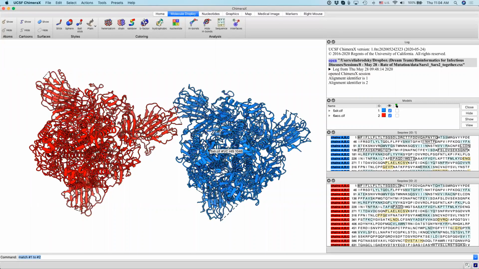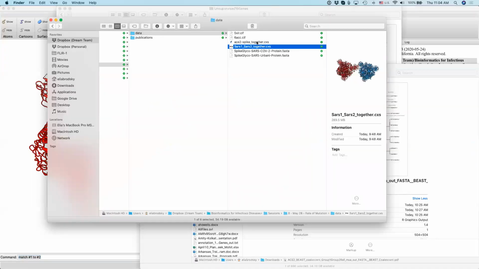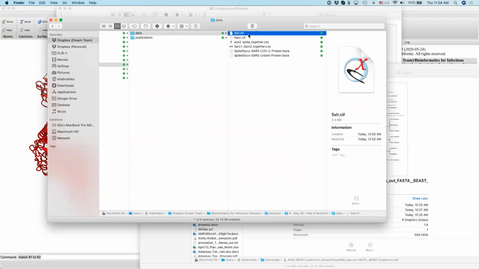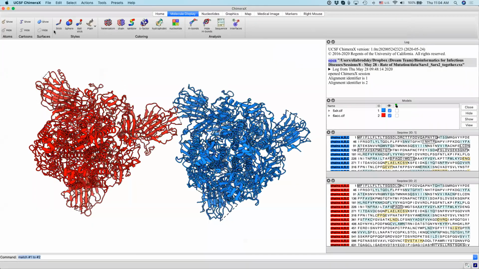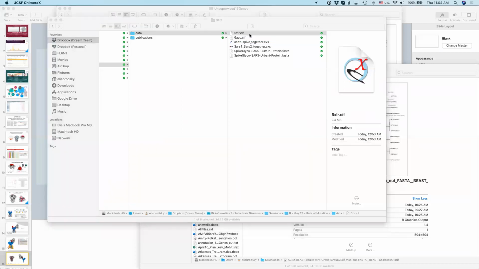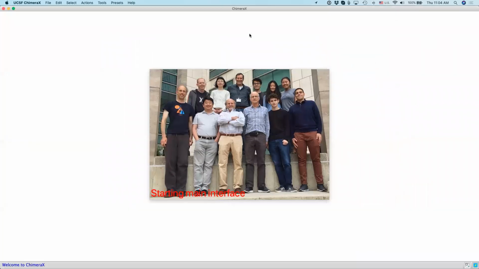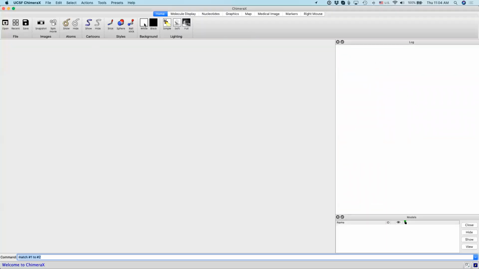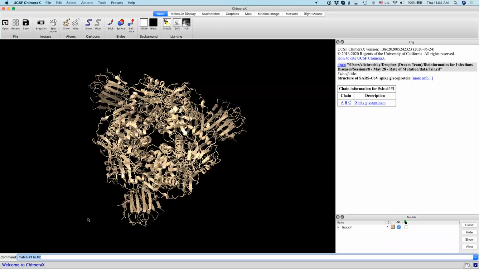Sorry, it might be big, but I'll tell you how. There are these individual files. Let's see if those are, okay, yeah, so this should be much faster. So in fact, I can show you how to do this. If you open one of these CIF, which is essentially a PDB file, these are much smaller.